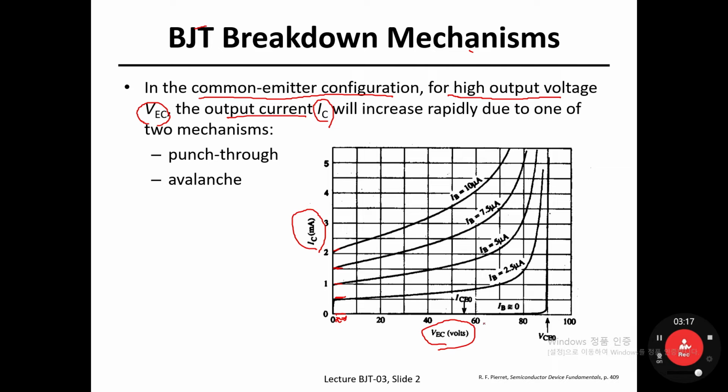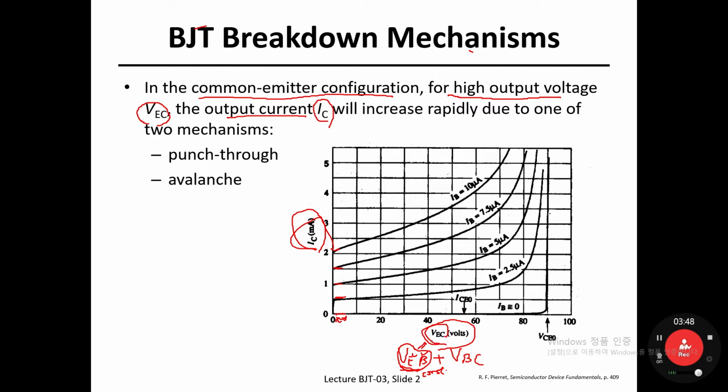But take a look at VEC, which is VEB plus VBC, right? In the common emitter configuration, the voltage difference between emitter and base is constant, right? It's like measuring the drain current versus drain voltage in your MOSFET for a given gate voltage. So the same output voltage characteristic is given in this lecture note: IC versus VEC.